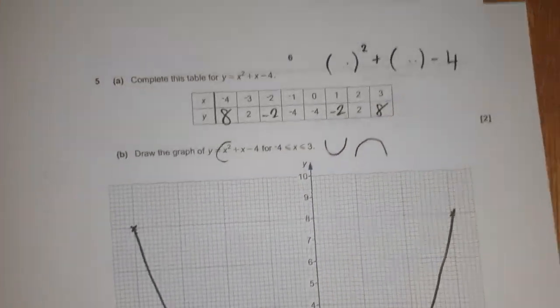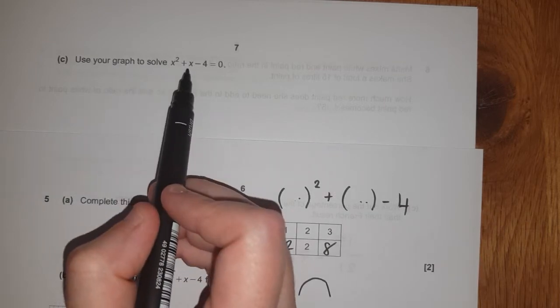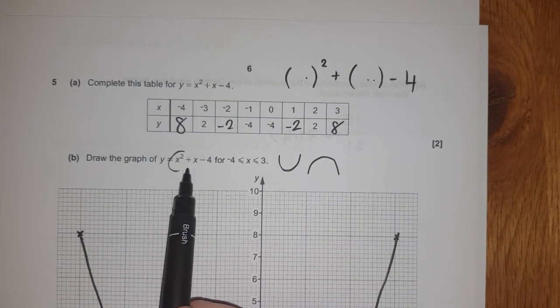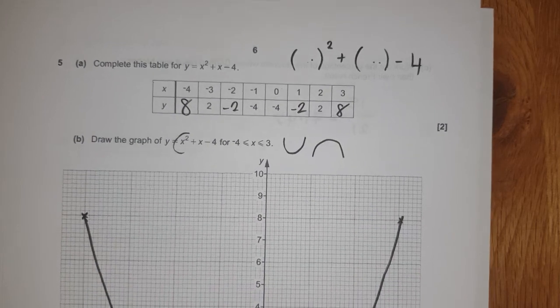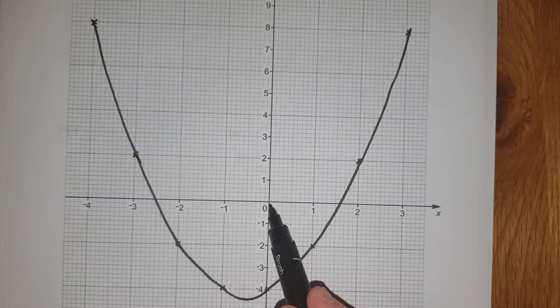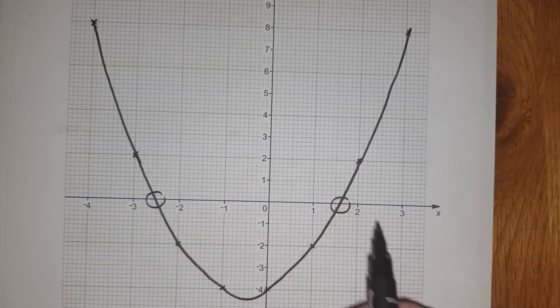Now, part C is going to ask us, use your graph to solve where x squared plus x minus 4 is equal to 0. Well, this is the graph of x squared plus x minus 4. So when it equals 0, that basically means you want to know where y is 0 on the y-axis. So basically you want that point there and that point there.